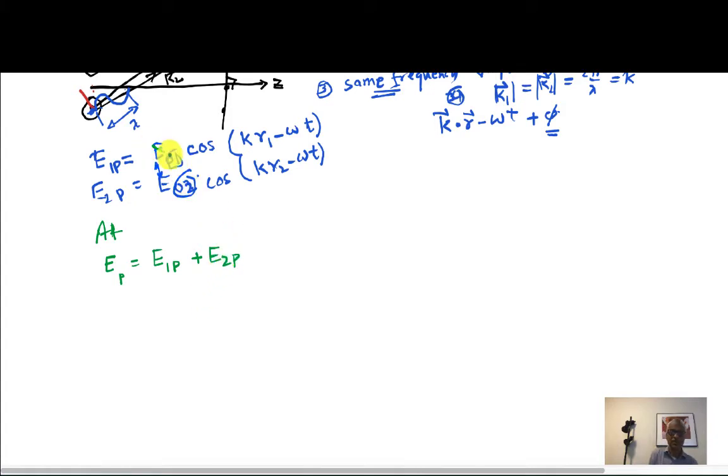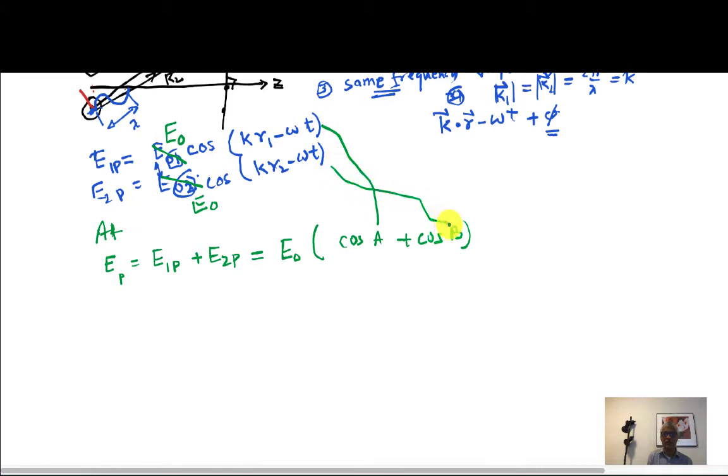I'm running out of time, so I'm just going to use the same amplitude, so it's much easier to work with. You've seen something like this when you add two cosines. Remember the beat phenomena we did? It's going to be exactly the same kind of thing. So it's going to be cosine A plus cosine B, right? That's the formula. A for this, A for that, and B for that.